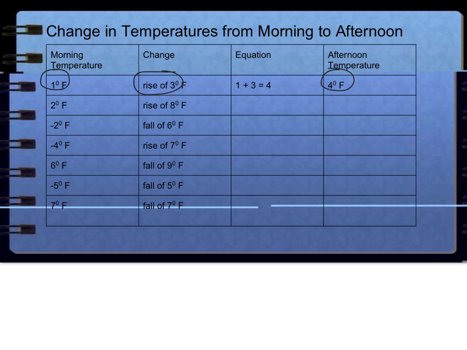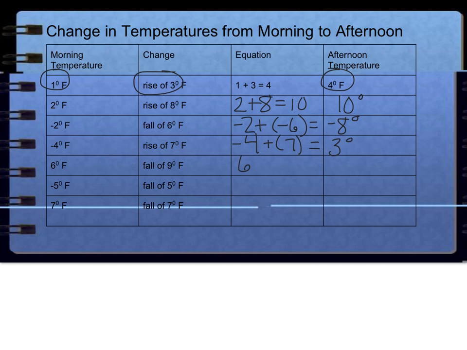All right, so if we start in the morning at 2 degrees and it rises 8 degrees, it will be 10 degrees Fahrenheit in the afternoon. If we start at -2 and it falls 6 degrees, it will be -8 degrees in the afternoon. If it starts at 4 degrees and it rises 7 degrees, it will be 3 degrees in the afternoon.